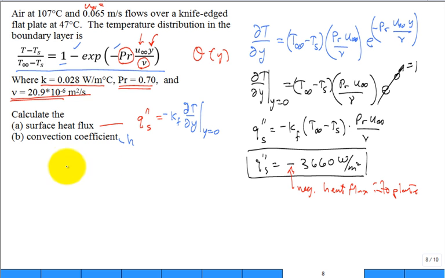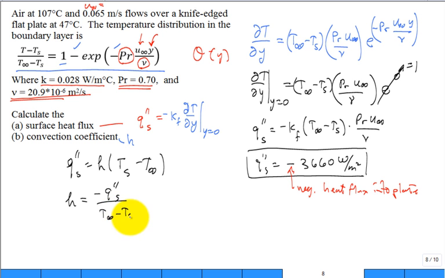Well, we go back to our global equation. Isn't q double prime surface equal to h times delta T? The way you write it, you could put Ts minus T infinity. You're saying, oh, I have a hot plate and it's pushing heat out into the fluid. That's great. So we have h is equal to q double prime s divided by, I'm going to put a negative, T infinity minus Ts.